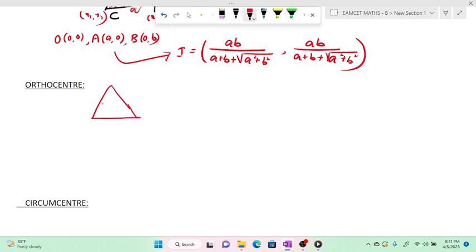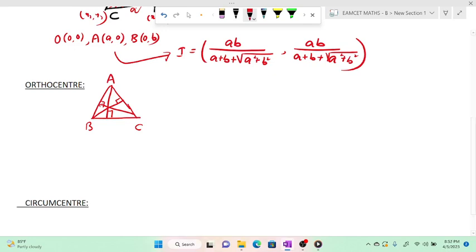Altitude means perpendicular from vertex to the opposite side. Suppose this is triangle ABC. The perpendicular from vertex to the opposite side: this is one of the altitudes, this is another altitude, this is the third altitude. Here these three are altitudes.